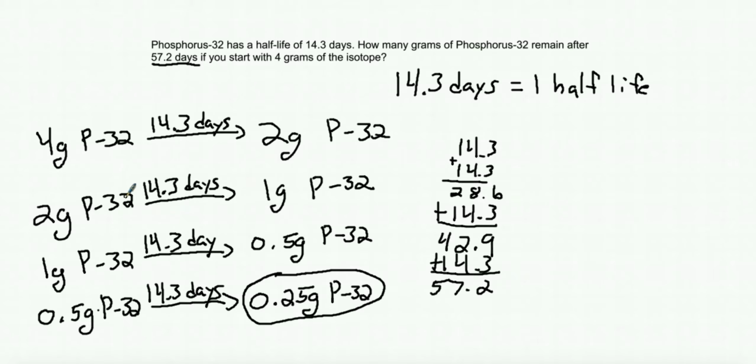You saw in the previous example that the radon-222 had a half-life of 3.8 days. The phosphorus-32 had a half-life of 14.3 days. It is very relative to whatever it is that we're talking about. If we're taking carbon-14 as an example, this has a half-life of 5,720 years. So this half-life will really depend on the kind of isotope we have.